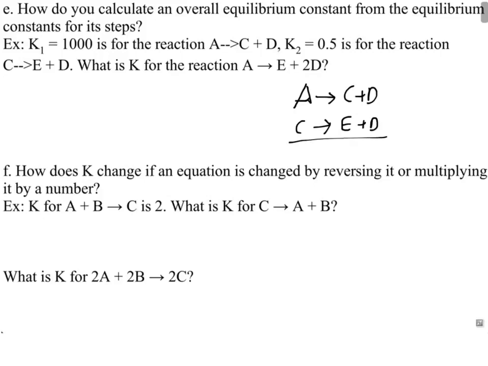So if we had a reaction like reactant A forms C and D, and then C forms E and D, overall that's A forms E plus 2D. If I knew both equilibrium constants, 1000 for the first one, 0.5 for the second one, why don't you pause and think, how could you calculate the overall?